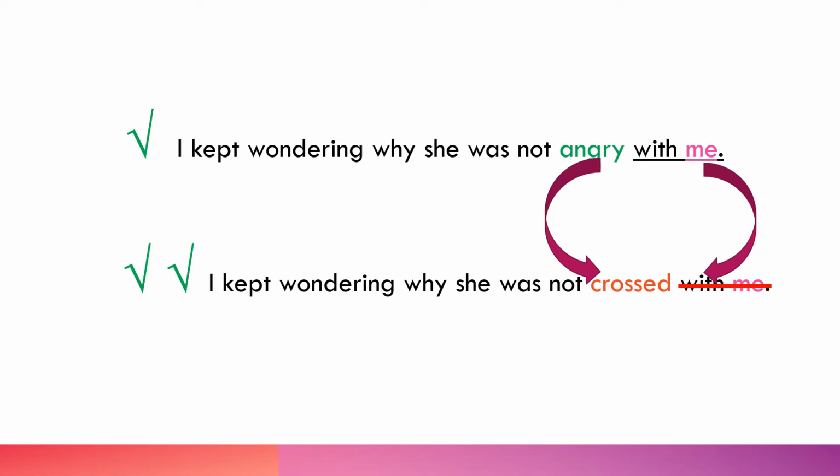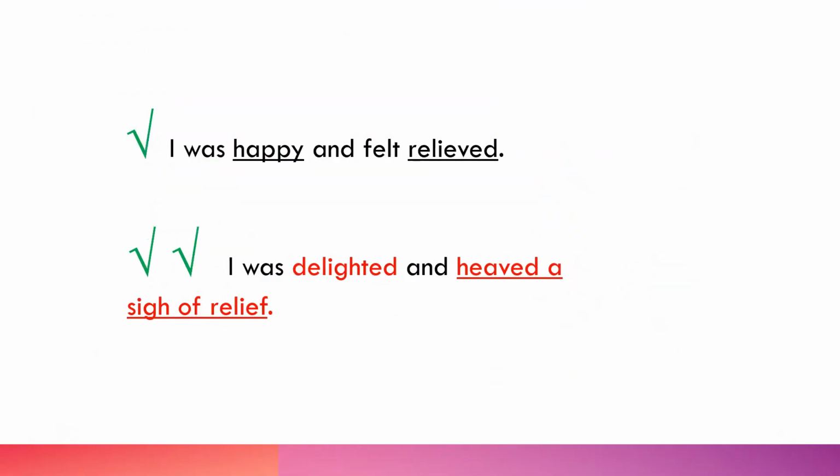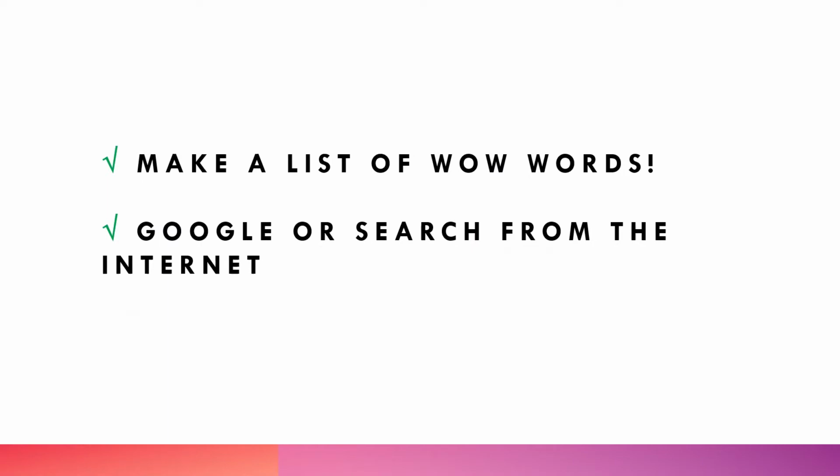Full stop. And this example, happy changed to delighted, and relieved you can change to heaved a sigh of relief. So what you can do, make a list of wow words, Google or search from the internet, or you can refer to my past videos on vocabulary.